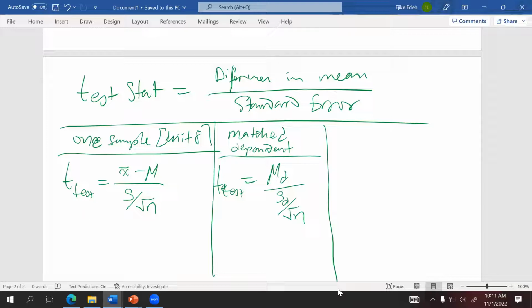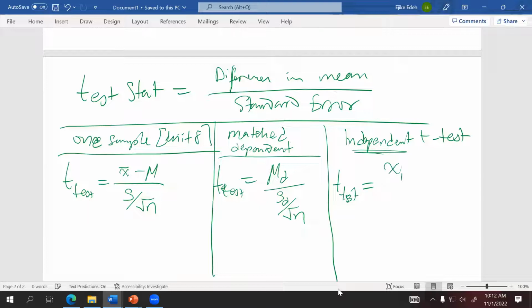And then we are dealing today with the independent t-test, right? It is still a two sample test. You still have two samples here, but they are independent. They are not dependent on each other, so we keep them separate. So you see that your test statistic is still the same thing. On the numerator, you're still going to look for the difference in mean.